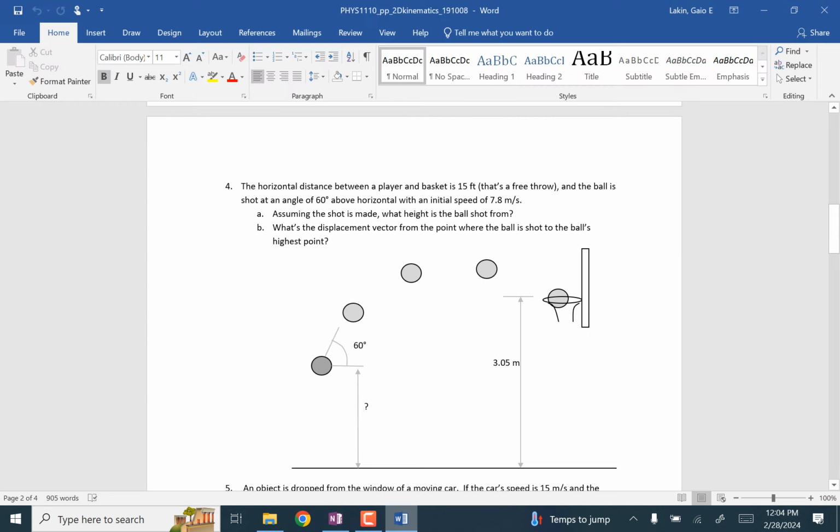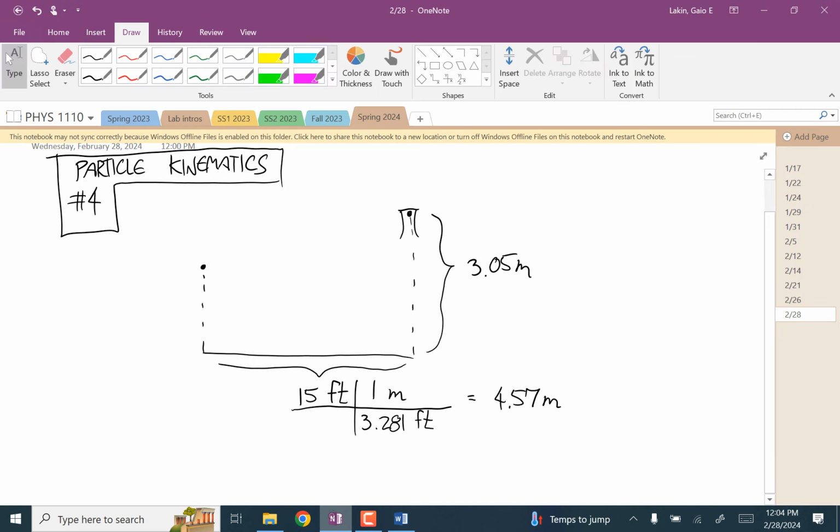And here's what you know about the shot. It is shot at an angle of 60 degrees and a speed of 7.8 meters per second. You're trying to get it to this point to make it into the basket.